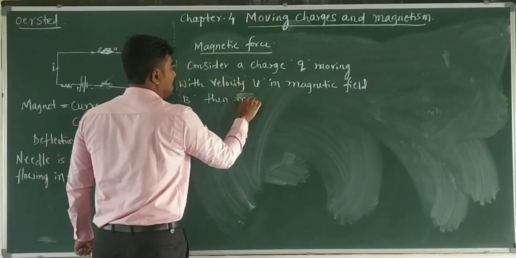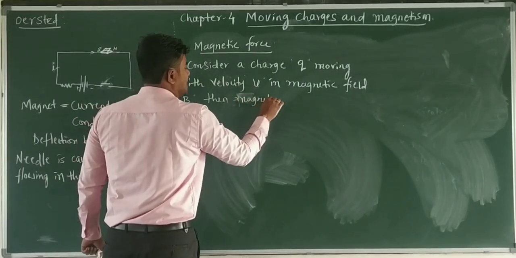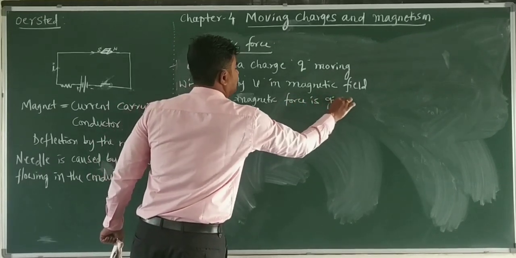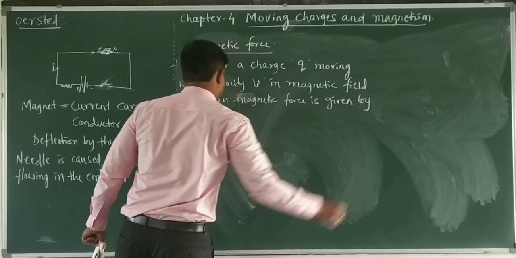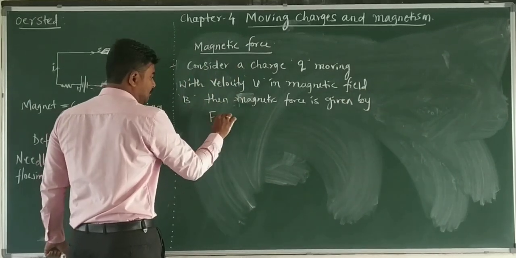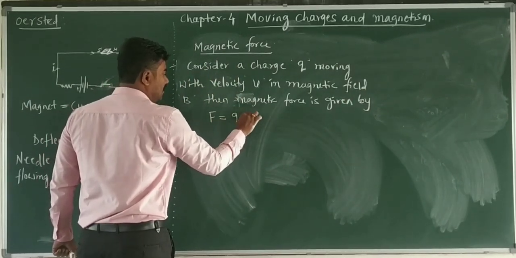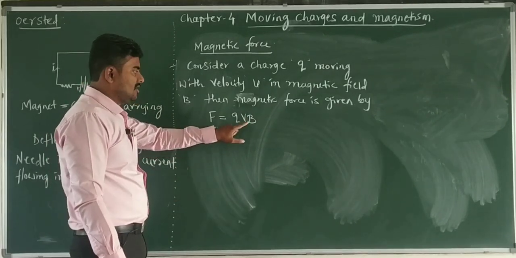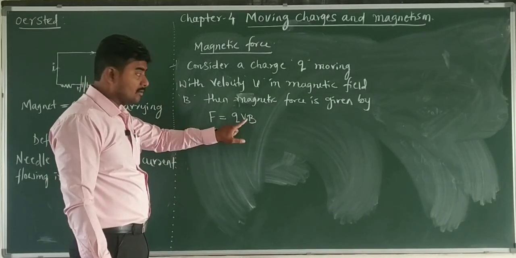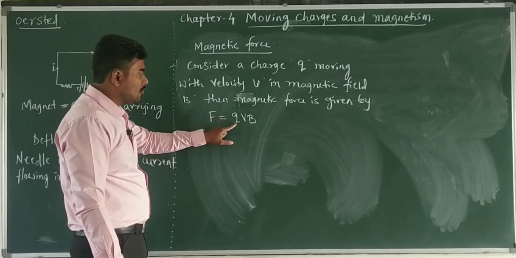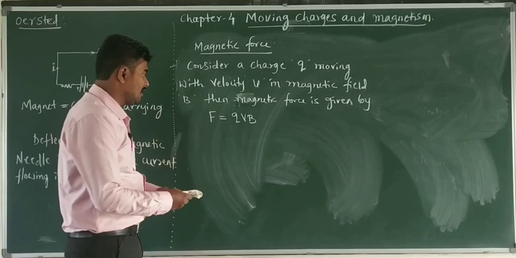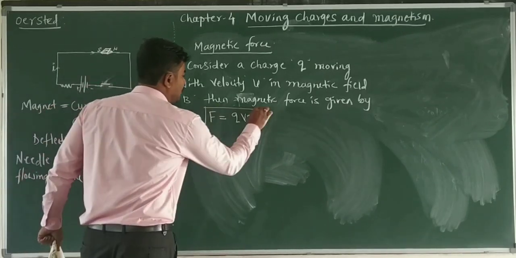Magnetic force. Magnetic force is given by F equals QVB, where V is the velocity of the charge and B is the magnetic field. Remember, this F depends on Q, F depends on V, F depends on B. So F is equal to QVB.